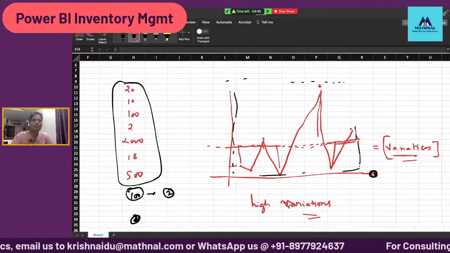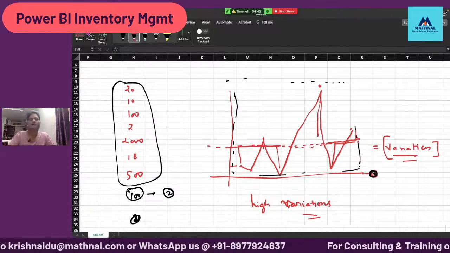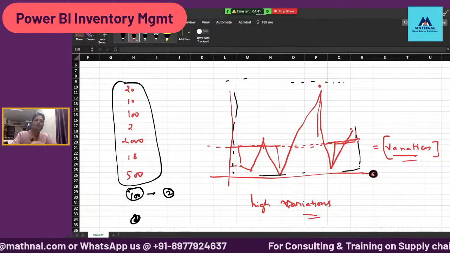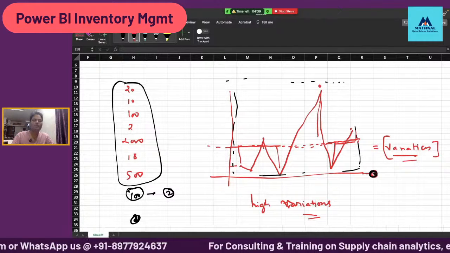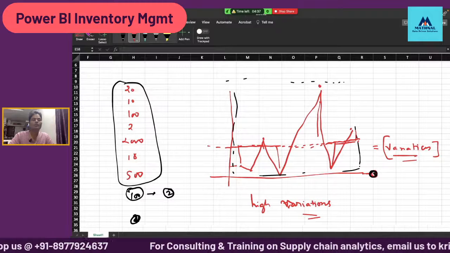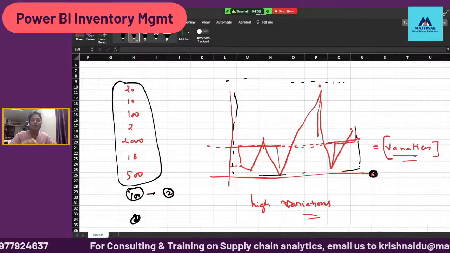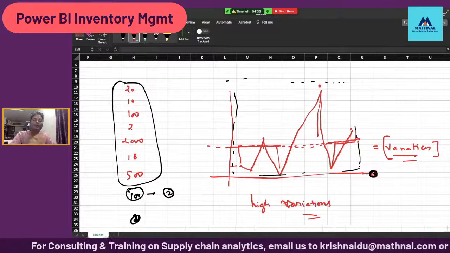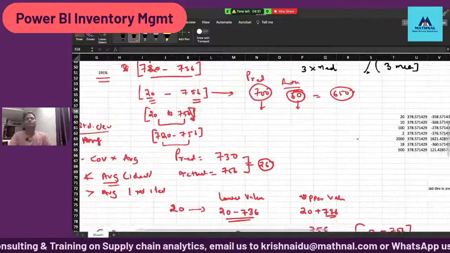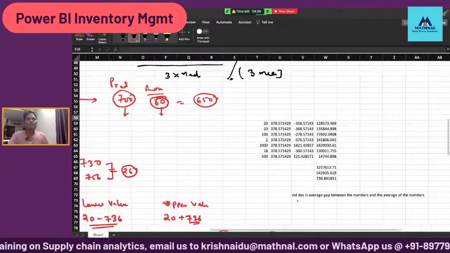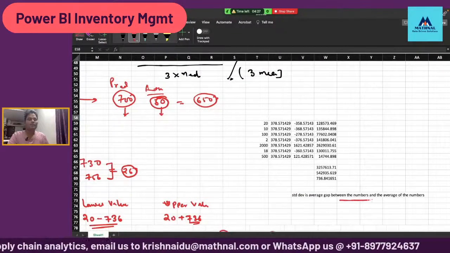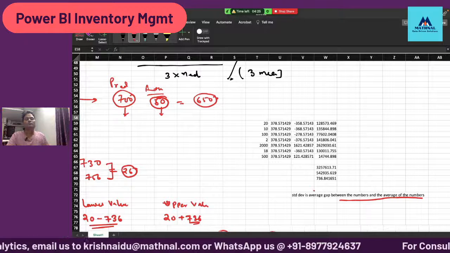One of the most popular is: if you have data, take a central number and then take standard deviation. Standard deviation is the average gap between the numbers and the average of the numbers.